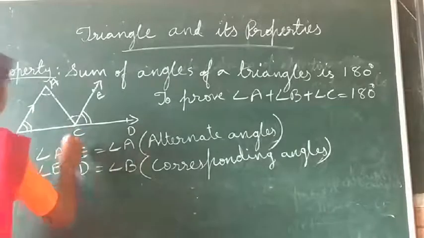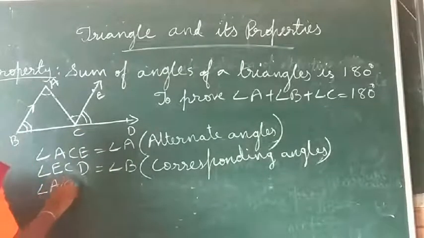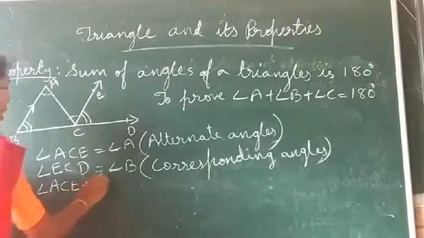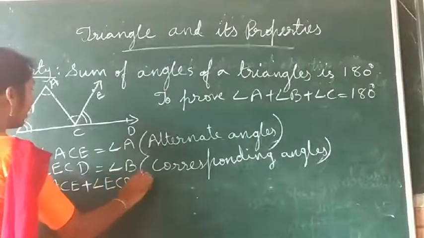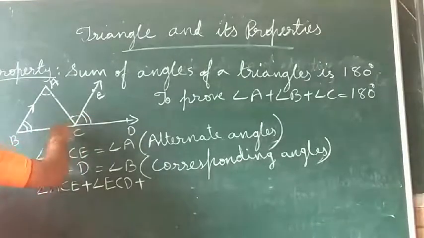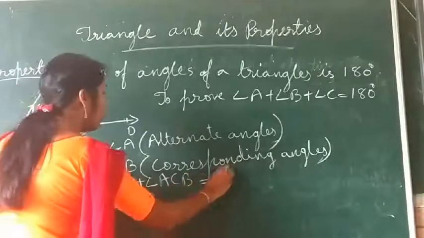Therefore, we write angle ACE plus angle ECD plus angle ACB is equal to 180 degrees.